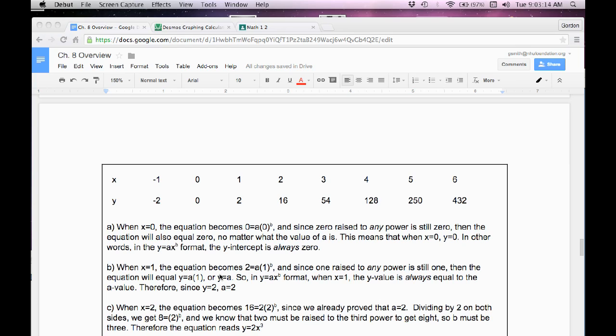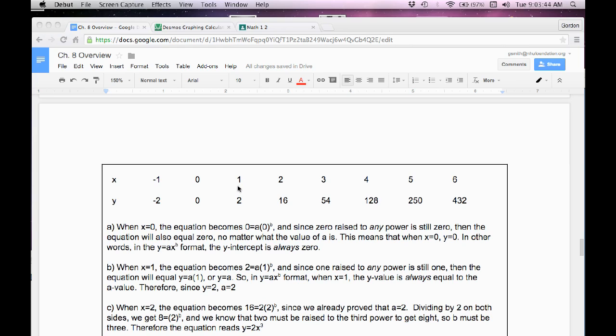Therefore, if y is 2, then y has to be equal to a, so a has to be equal to 2. Whenever you have the 1 here, it's not going to change the x value, so the y value will be equal to the a value. So when x equals 1, the y value is always equal to the a value. Therefore, since y equals 2, a equals 2.